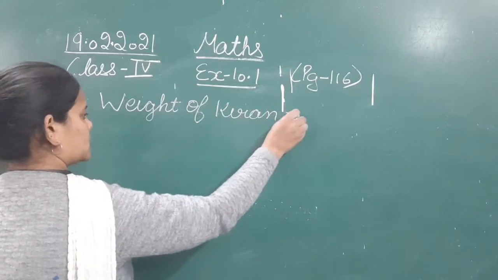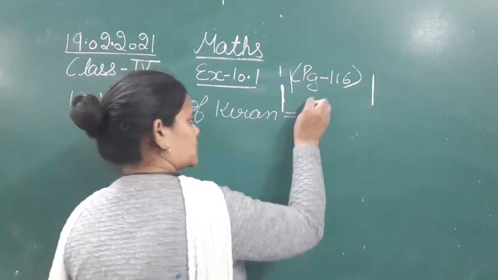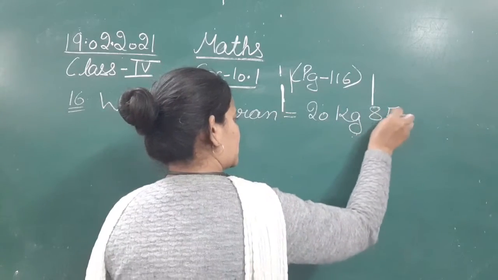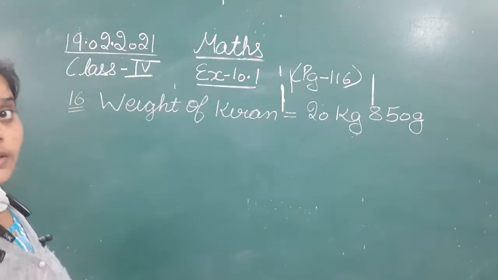Weight of Kiran is equal to 20 kg 850 gram.